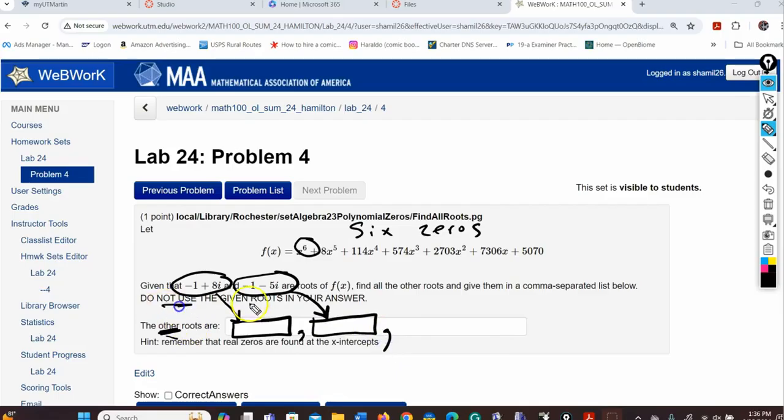Now, it said to not use the given roots in your answer. So there's going to be 6 zeros, but if I don't use the ones I've been given, here we want 4. And so there's going to be 2 others. They will be real numbers.